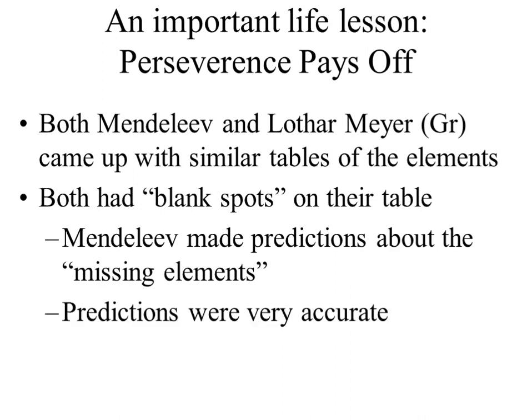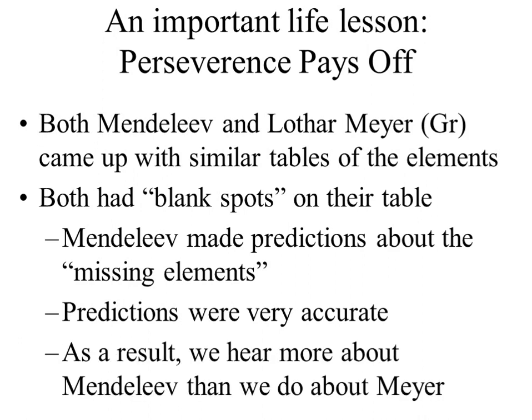And lo and behold, after he published these predictions, about 2 decades later, some of these elements were indeed discovered, and their actual properties were amazingly similar to the predictions that he had made. This is really the reason why Mendeleev gets most of the credit and why he is generally labeled as the father of the modern periodic table.